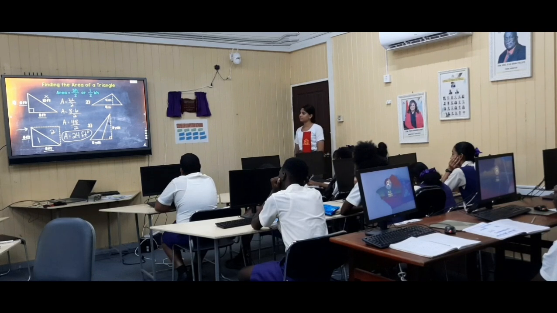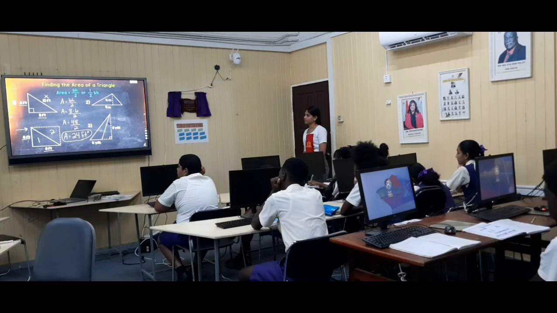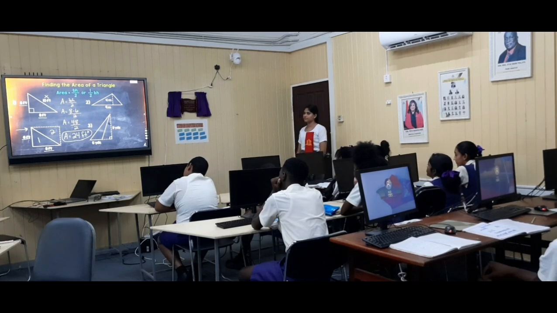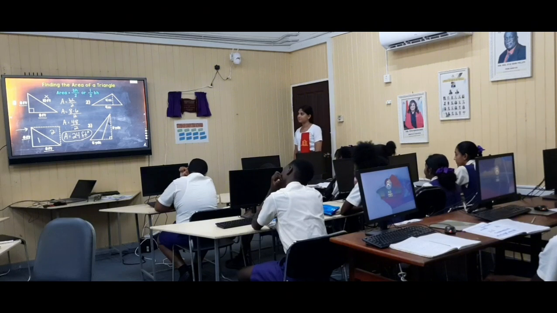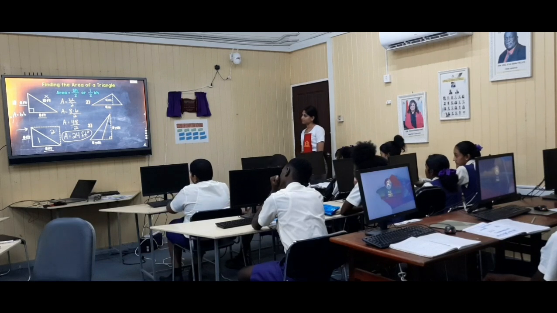We can use the formula base times height to find the area of a parallelogram. And if we are working with a rectangle, we may also hear length times width. So for the area of this parallelogram, specifically a rectangle, we have base times height. Let's write it over here. We have area equals base times height.